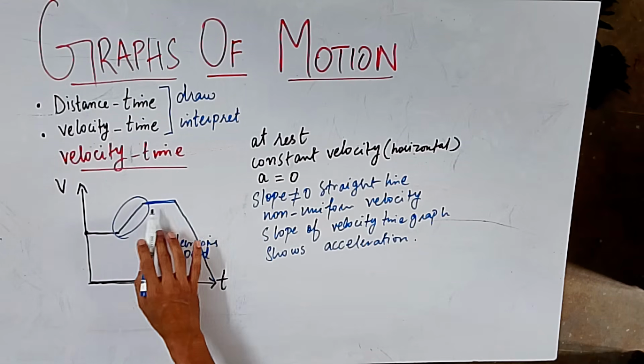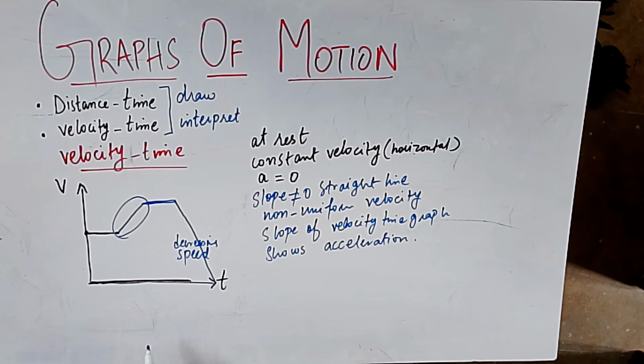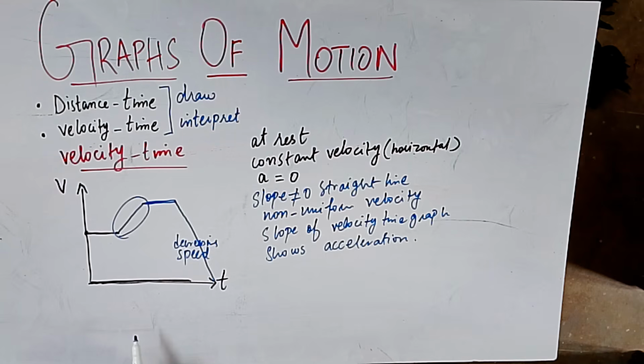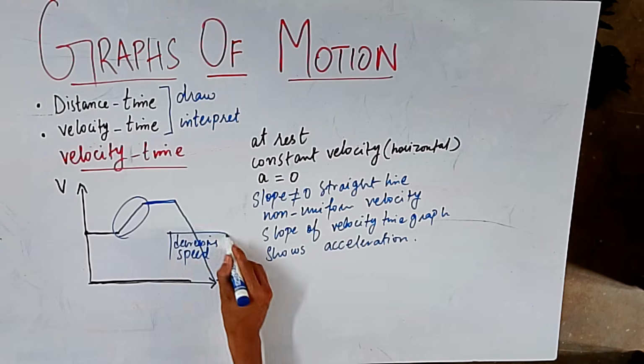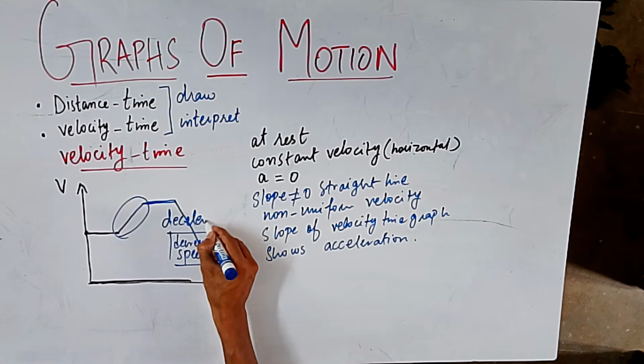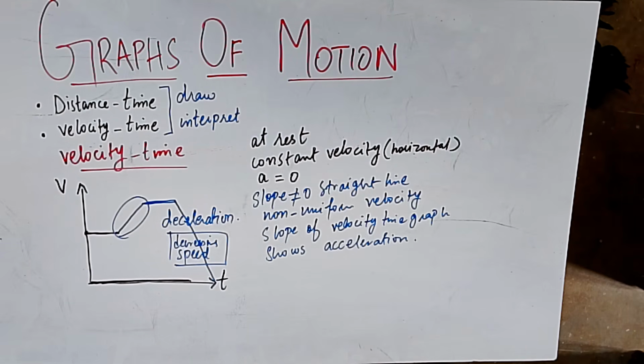And then a straight line is not only showing that the velocity is constant, but it is also showing that the acceleration is zero. And then the downward gradient is showing that the speed is decreasing, and in this particular scenario you don't call it acceleration, you call it deceleration, the opposite of acceleration. Whenever the speed is increasing, you call it acceleration. Whenever the speed is decreasing, you call it deceleration.